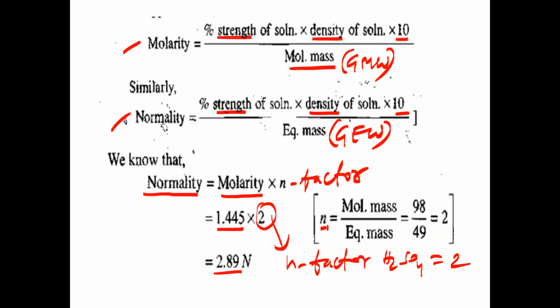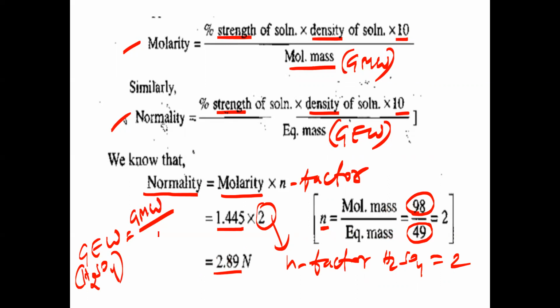So how to get the n factor of any substance? Gram molecular weight of the substance by gram equivalent weight of the substance. Gram molecular weight is 98, gram equivalent weight is 49 for H2SO4. How to get gram equivalent weight? Gram equivalent weight of H2SO4 is gram molecular weight by n factor: 98 by 2 is equal to 49.